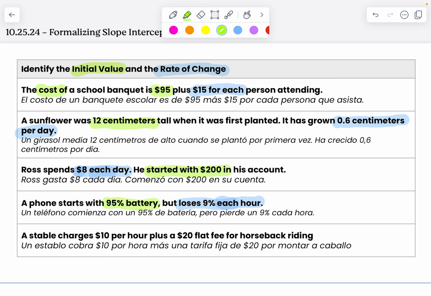So if we're trying to figure out the starting amount, no matter what, this stable charges a $20 flat fee, regardless of what you're doing. And then you get to pay per hour. How much? $10 per hour. Again, where it says per, each, for each, all of these words help us to identify the rate of change.